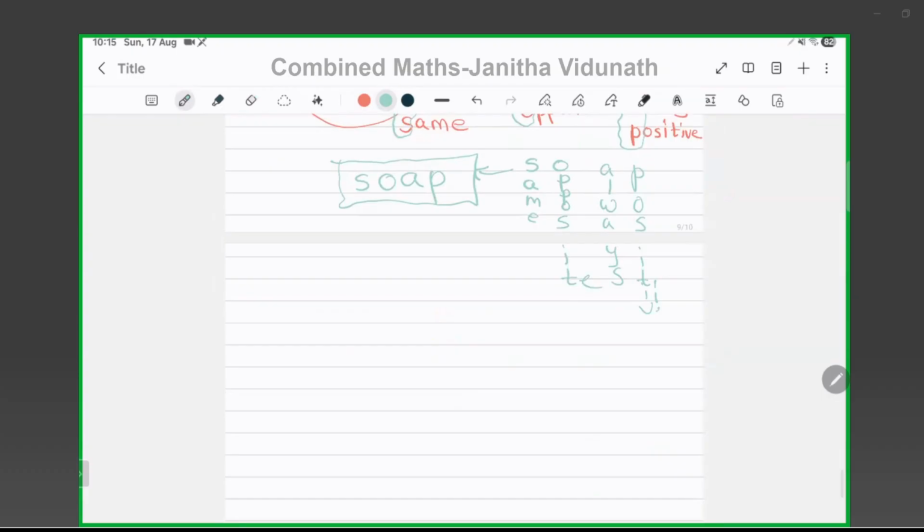Here, if they give a cube plus b cube, we simply write two terms, a and b. Between them, we have the same sign as the question gives. Here plus sign. Then we write a square.